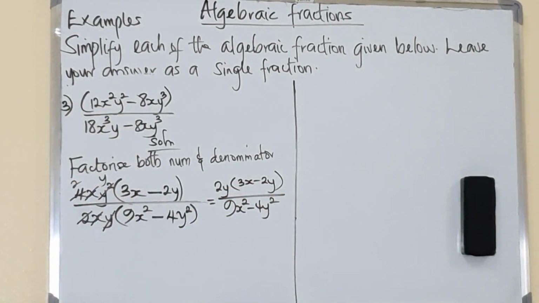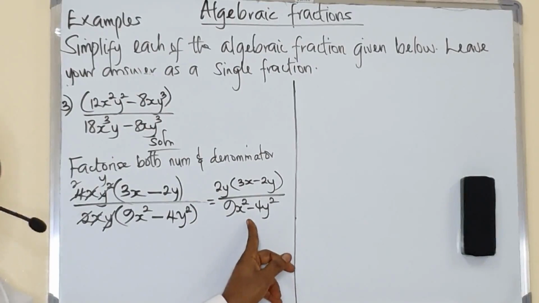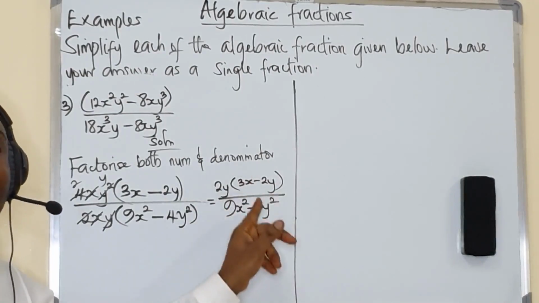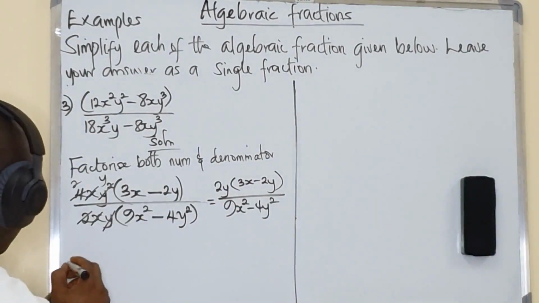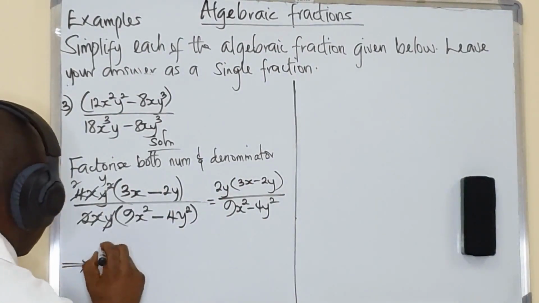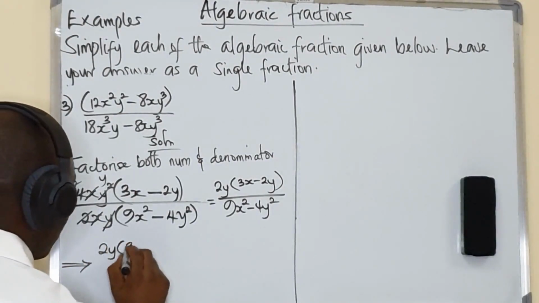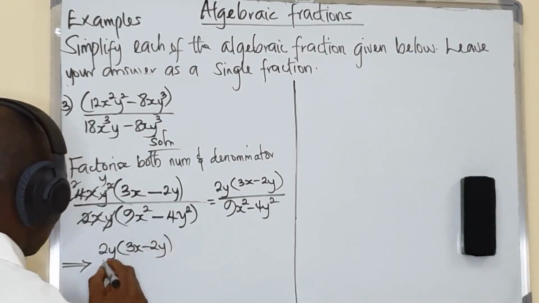Now there is still something we can do. A good look at the denominator shows you some kind of difference of two squares. So we have to simplify that because it will help us see if there is anything common again between the denominator and the numerator. So to do that, we just continue here, writing down our numerator back, 2y open bracket 3x minus 2y close the bracket.